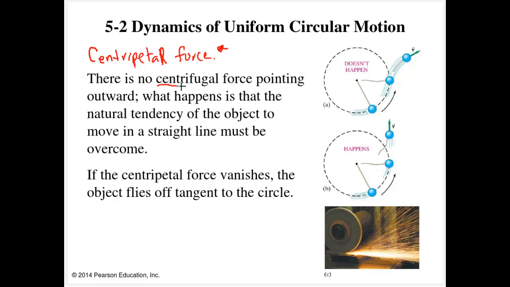There is no such thing as an outward force, as I showed you with the hammer example on the last slide. When you hear about centrifugal forces, that's actually a fictitious force that comes from rotating inertial reference frames. That's a bit beyond what we're going to talk about for this class.